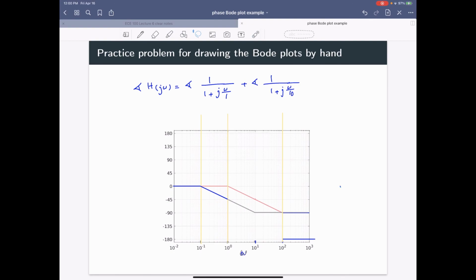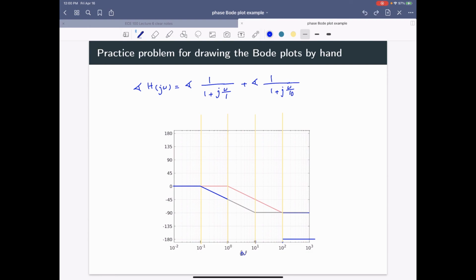So let me copy. I can see that in this range, this part is a constant number, negative 90 degrees. Now I have a line, equation of line in here. If I add these two together, I only need to add negative 90 degrees to this line. So I need to pull it down by negative 90 degrees. So I'm going to draw this line in this segment.